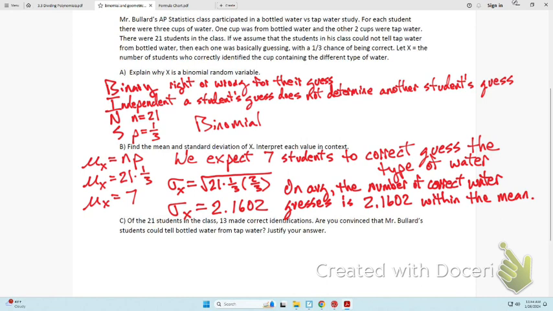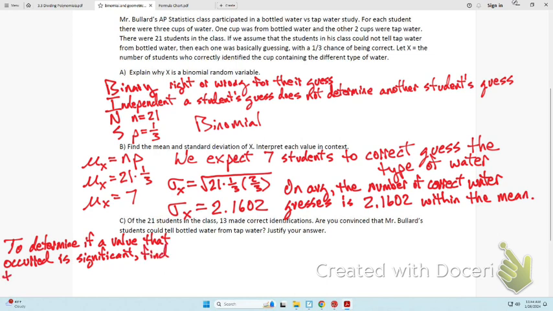So there's one thing, I think I've said it before, but in case I haven't, to determine if a value that occurred, and I'm talking past tense, is significant, find the probability of that value or anything more extreme.